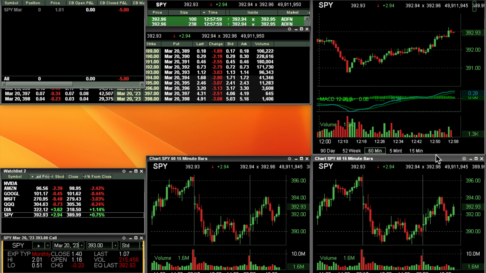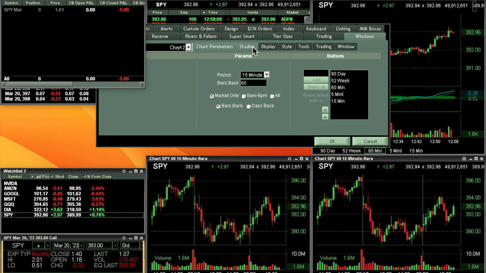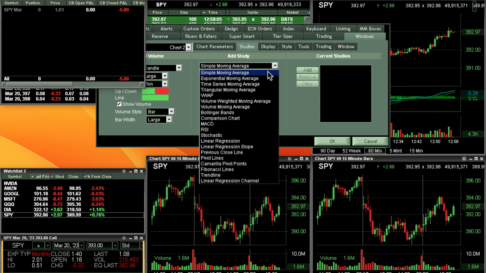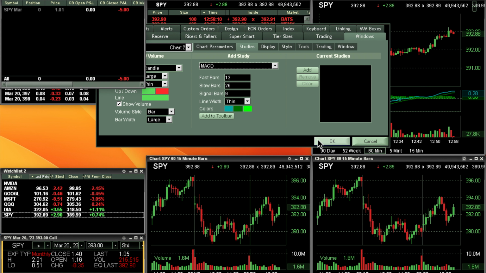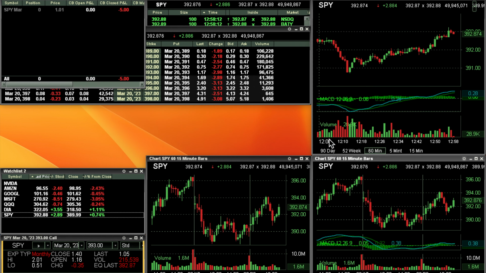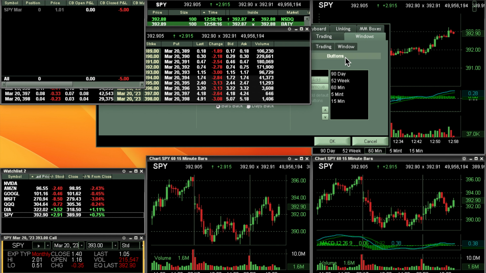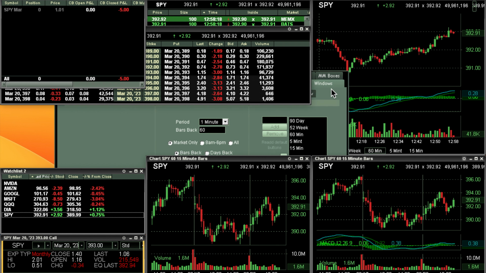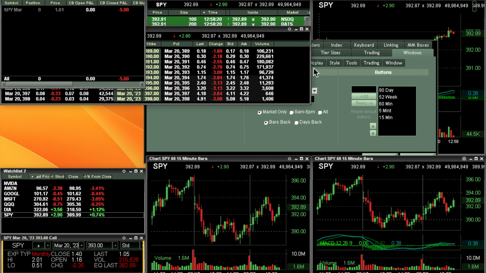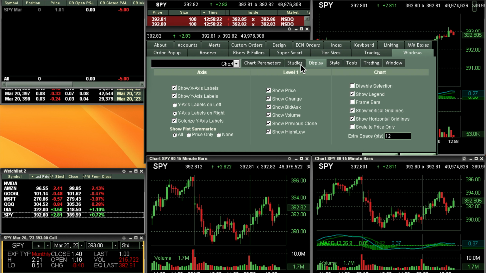On this chart I need MACD. I don't put all the things on one chart because then the chart becomes very low. MACD, I need it right over here. On this chart I need a slow stochastic, and where is that one? Slow moving averages, basically.